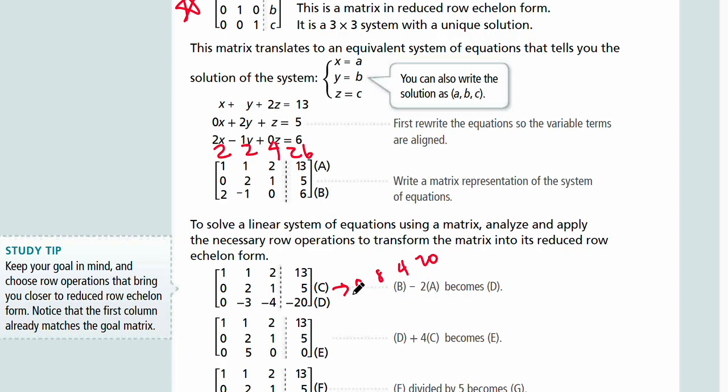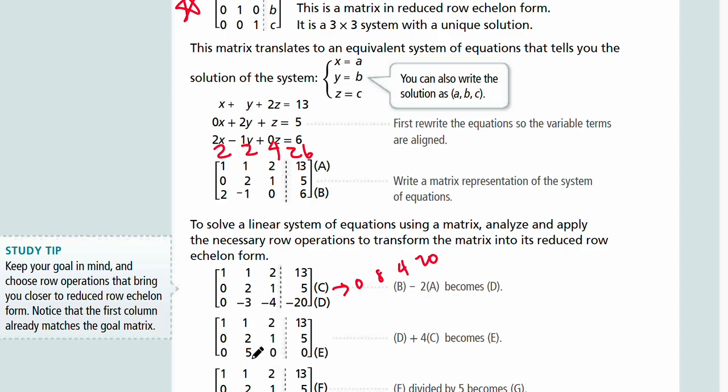And we're going to add this and the new third row in order to get rid of the last row, the last column, right? So 0, 5, 8 minus 3, 5, and then 4 minus 4, 0, 20 minus 20, 0. We're adding these two, okay?